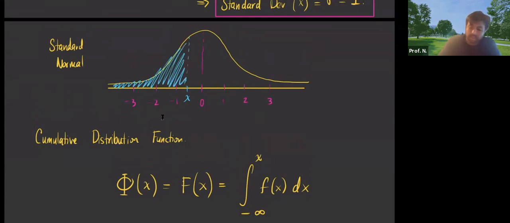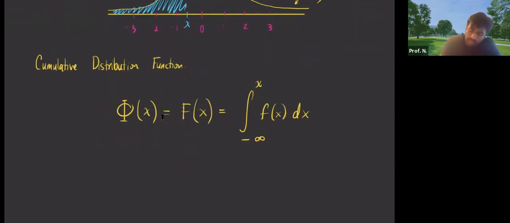That's what this is, F of x. Now, this is F of x when mu is 0 and sigma is 1. So when that happens, we get 1 over the square root of 2 pi, integral from -infinity to x of e to the -y squared over 2 dy, calling it a different variable.